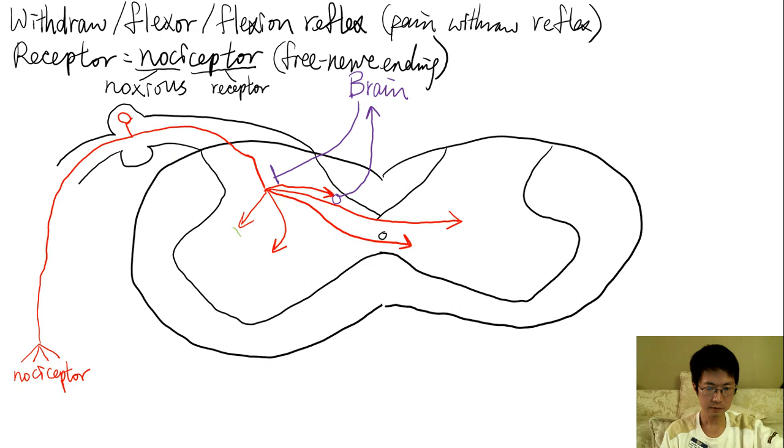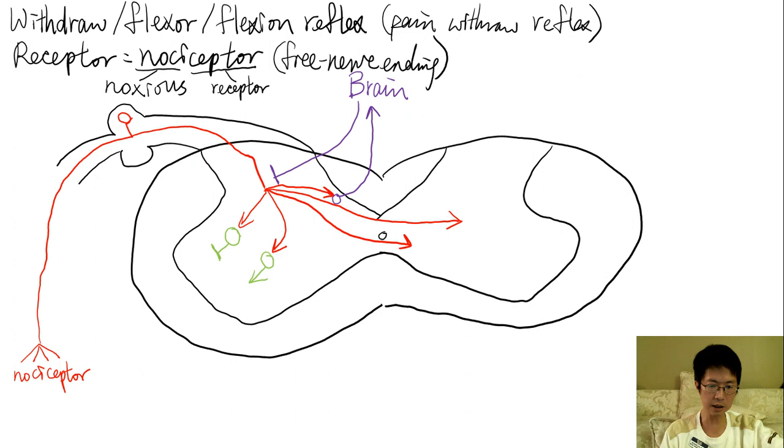This part of the circuitry, the pain withdrawal reflex, is basically identical to the previous one, the Golgi tendon reflex, meaning that you have an inhibitory interneuron and an excitatory interneuron.